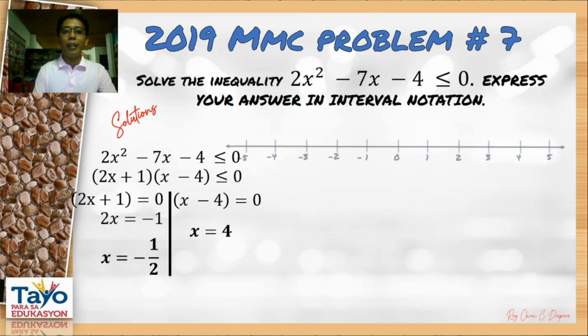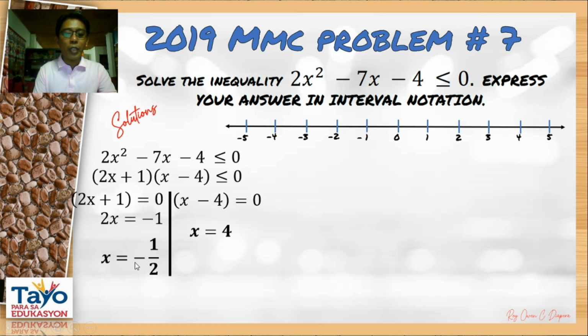Most likely, if we are going to substitute negative 1 half to the given inequality, the inequality will be true. And if we substitute x is equal to 4, most likely in the given inequality, this will become true. But the question is, in which region the values of x, so that when we substitute, the given inequality is true.